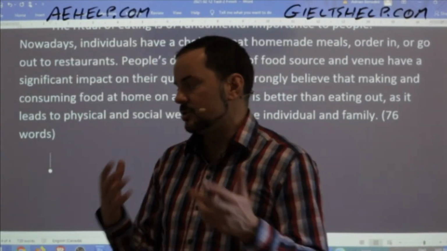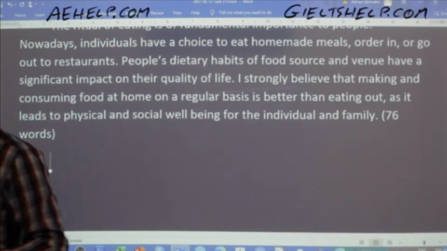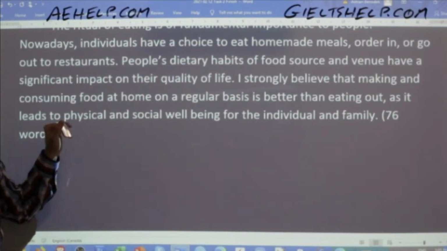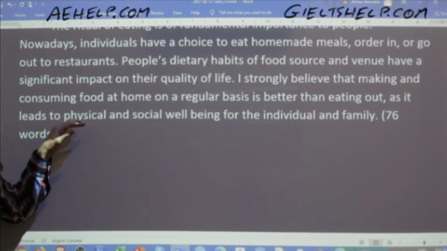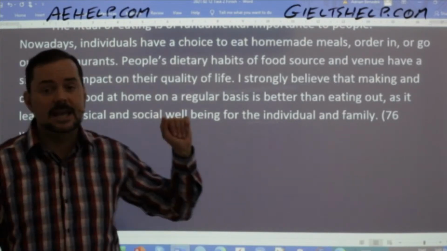Let's do this together. So I'm going to write a topic sentence. Topic sentence always comes from your thesis point 1. So physical well-being for eating at home.